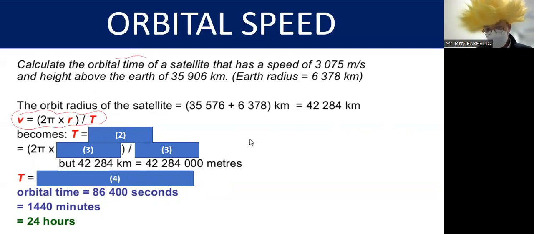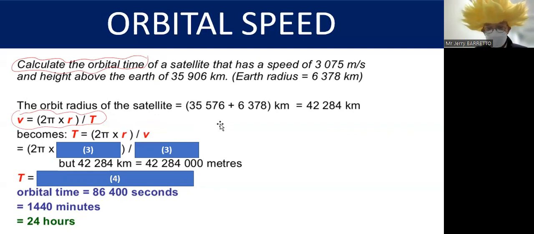But the question is not asking for that, it's asking for the orbital time. So we need to rearrange that equation. We're looking for the period, not the speed. Rearranging gives us this.